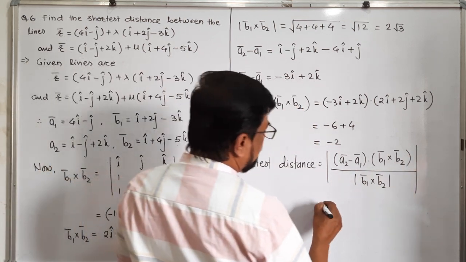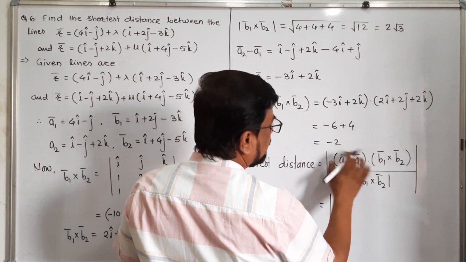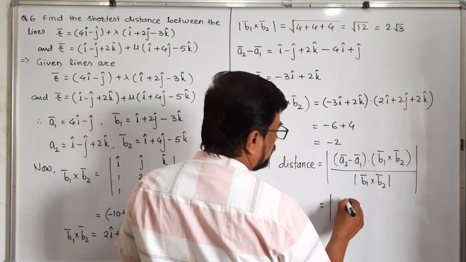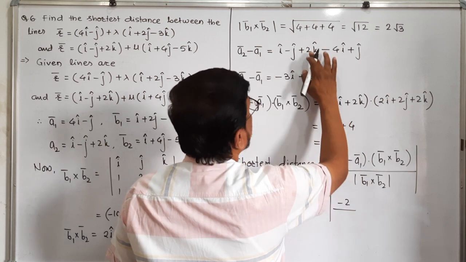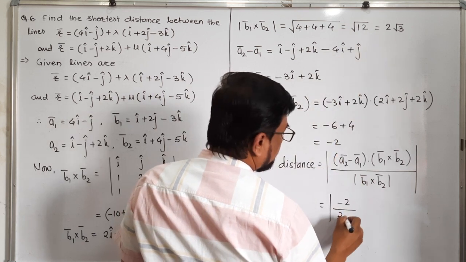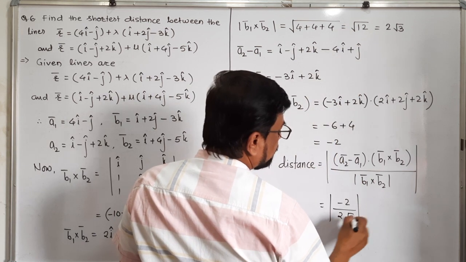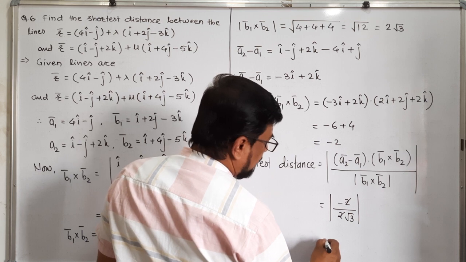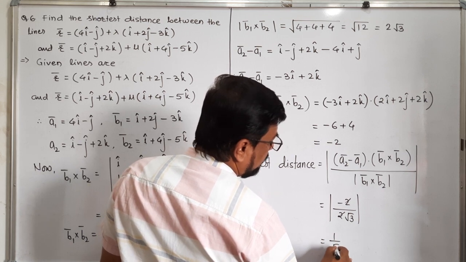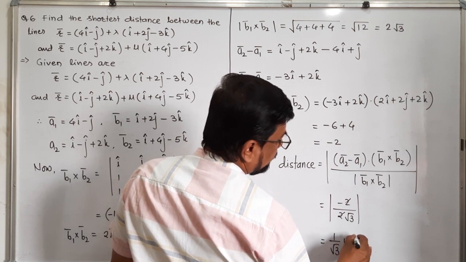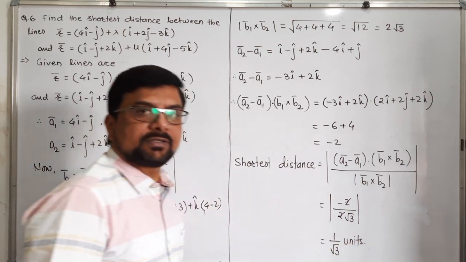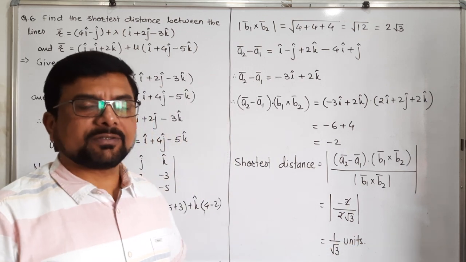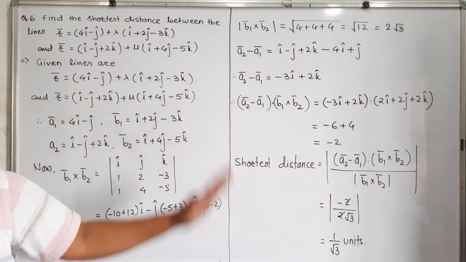Now substitute the values. It is mod of this dot product, minus 2, upon this magnitude, 2 root 3. Now this 2 and 2 get cancelled. Perpendicular distance is 1 upon root 3 units. Please check it and solve it.